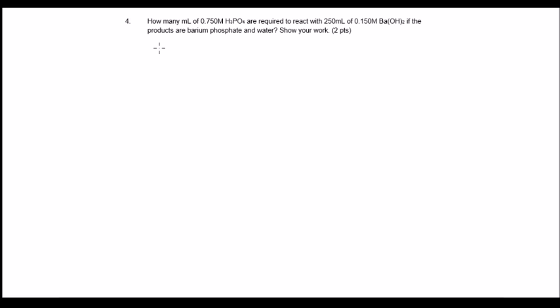Okay, anytime you have a problem like this, the first thing you need to do is set up a balanced equation. So let's go ahead and start with our two reactants. Okay, when I'm doing my barium phosphate, make sure that you balance your charges. If you look here, you can see you've got 3 hydrogens attached to this phosphate.